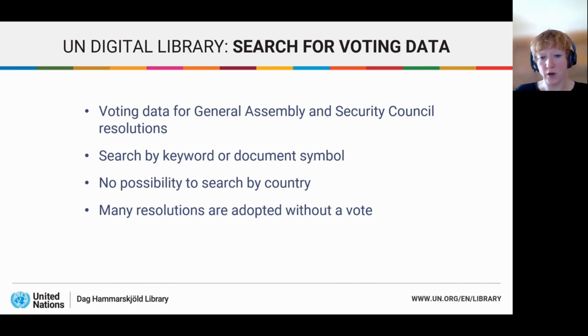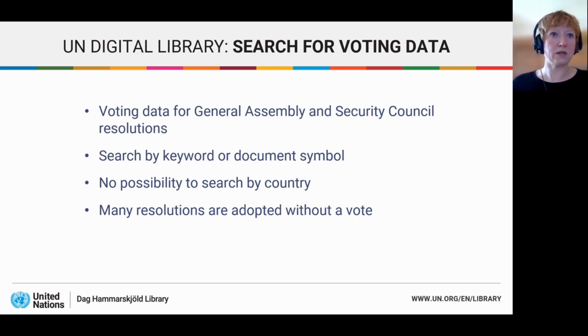And here you will find the voting data for all resolutions that were adopted in the General Assembly and in the Security Council. You can search by keyword or you can search by document symbol. Unfortunately, you cannot search by country. And when searching for voting data, please bear in mind that many resolutions are adopted without a vote.